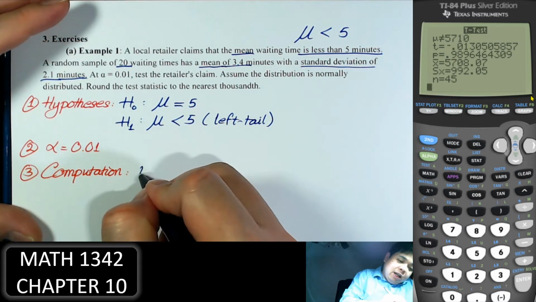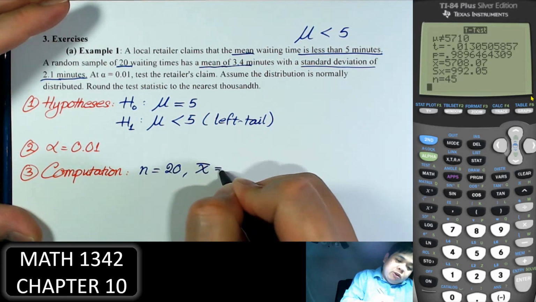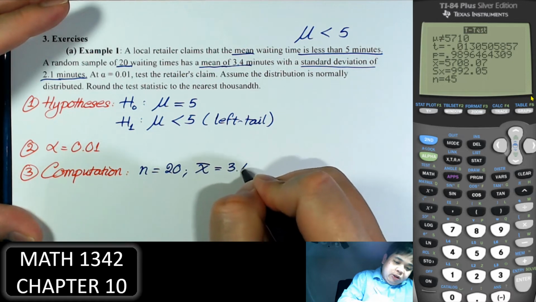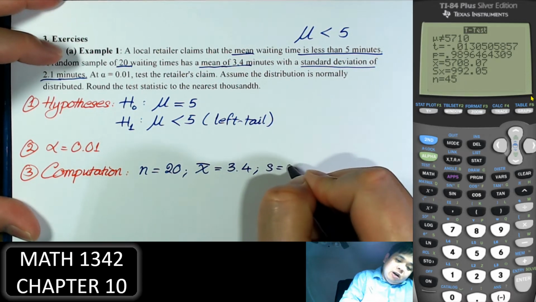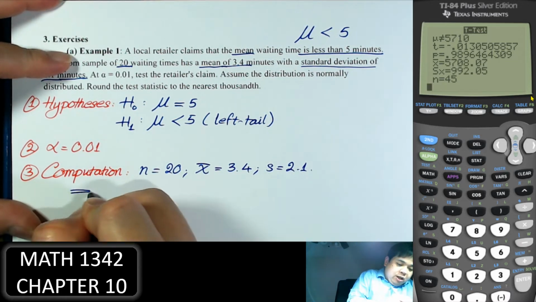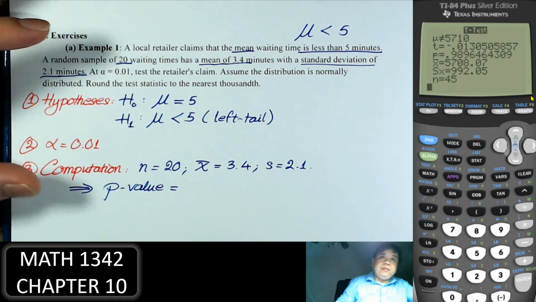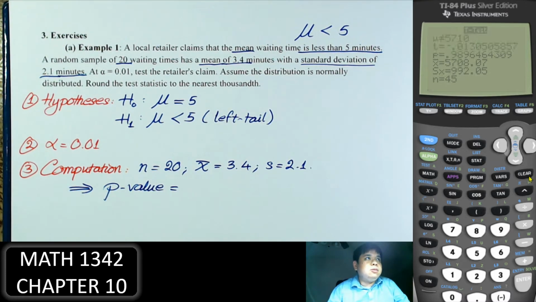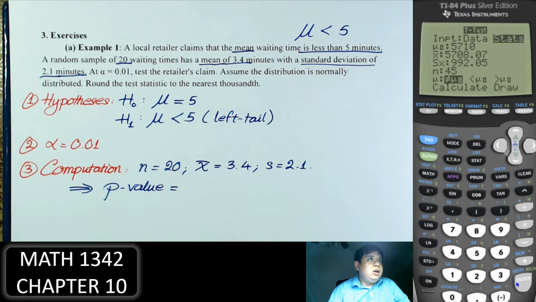Number 3, computation. What we have is n equal to 20. The mean for that sample is 3.4, and standard deviation of 2.1. With that we compute the p-value. Stat, go to test, option number 2. Let's focus on the hypothesis first.